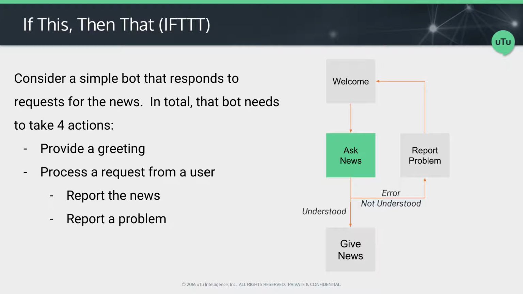Either you understood what they did and you're able to give them the news, or you didn't and you're able to cycle them back through some type of reprompt. So this idea of some logical flow would be a style that we call an if-then approach to mapping out what the user's intent was.